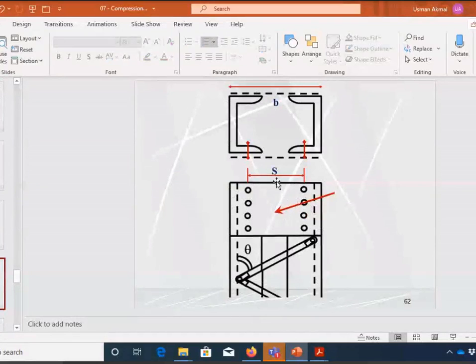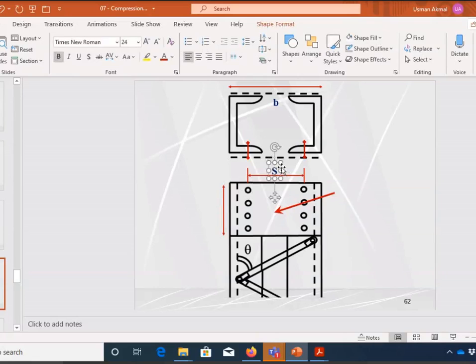So this plate, the thickness of this tie plate will be equal to S by 50, and the length that I'm showing over here will be equal to the S value at least.